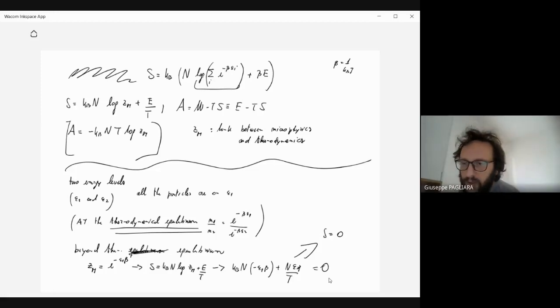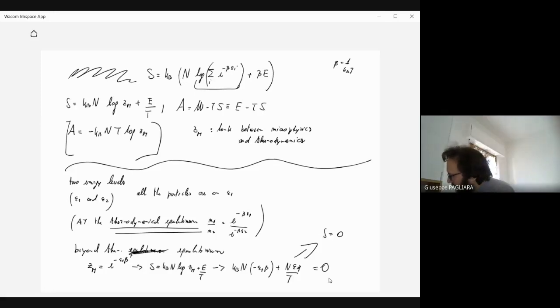And also, there is only one way to arrange all the particles in one level. So it is a situation with the minimal probability, actually the opposite with respect to the maximal probability, which is the thermodynamical equilibrium.